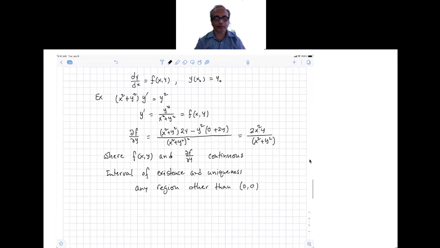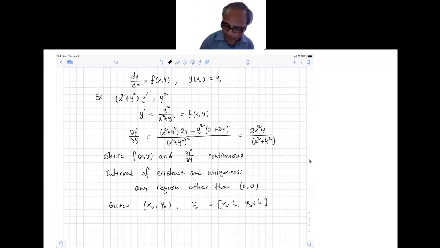Meaning that given x0, y0, you can take I0 to be x0 minus h, x0 plus h, and h can be up to infinity, but then you cannot have 0.